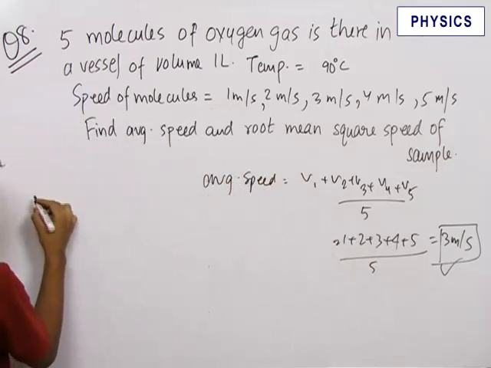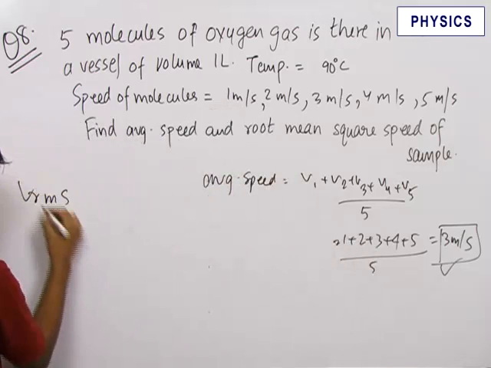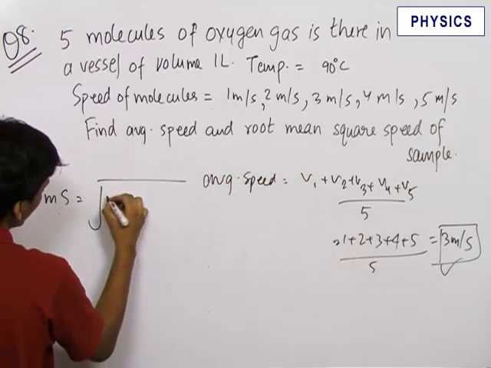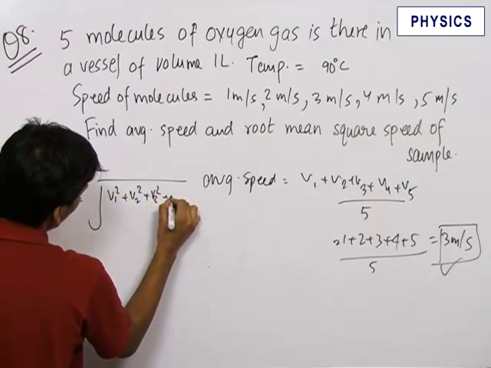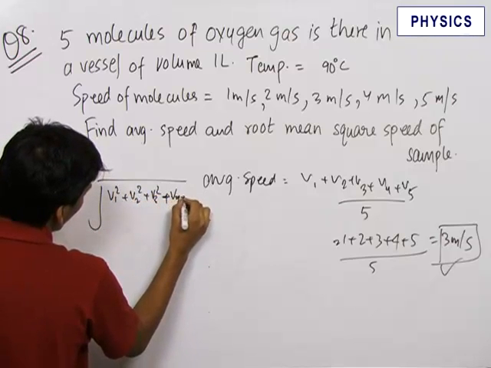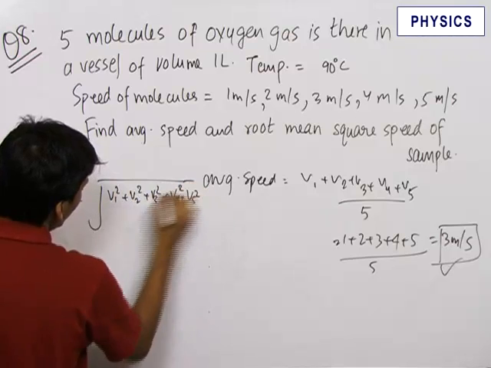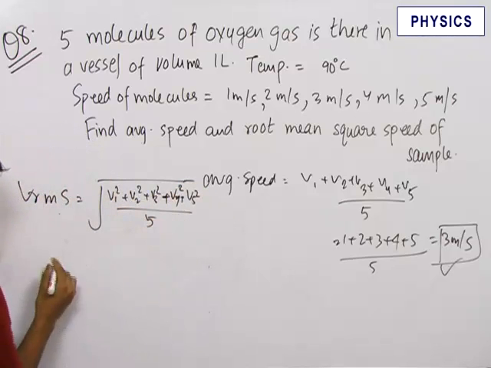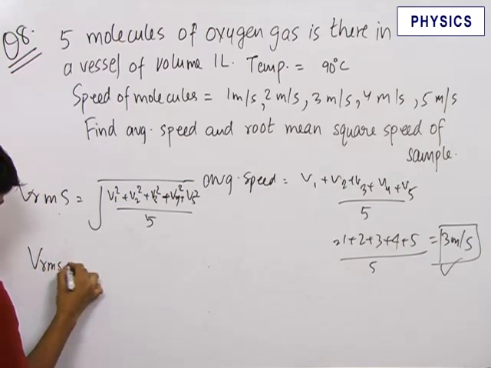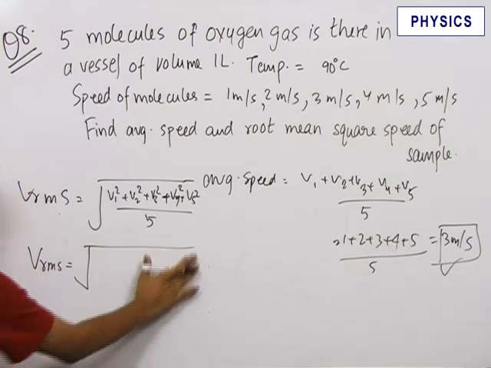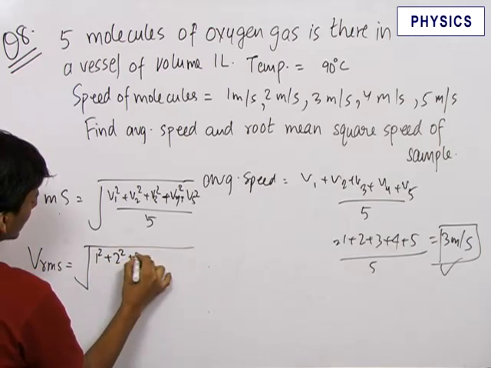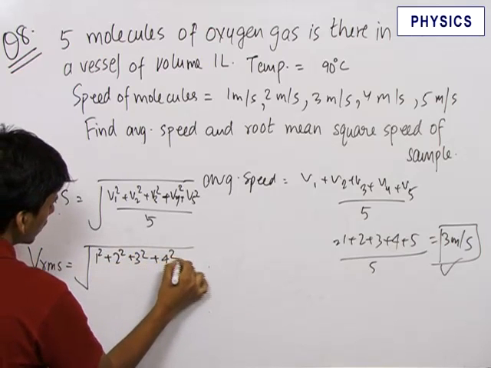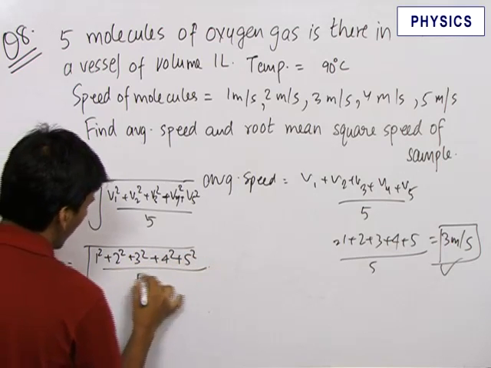Now we need to find out root mean square speed. This is equal to root over V1 square plus V2 square plus V3 square going up to V5 square upon 5. Therefore Vrms is equal to root over 1 square plus 2 square plus 3 square plus 4 square plus 5 square upon 5.